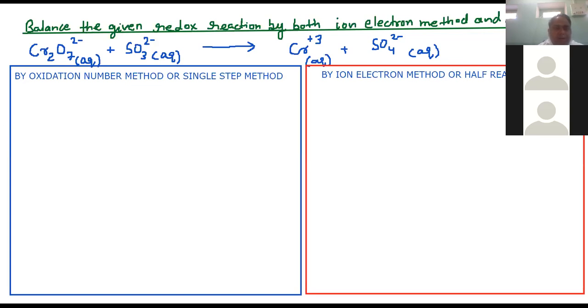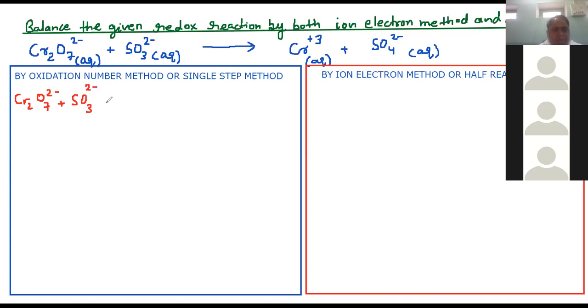So first of all, we will have to write down the reaction. Cr2O7 2 minus plus SO3 2 minus.